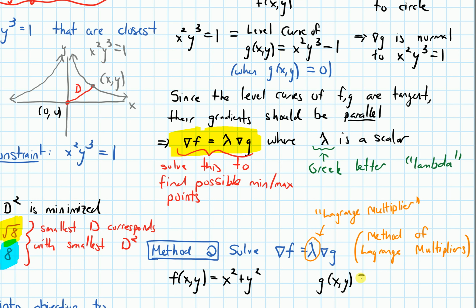So g of x comma y equals x squared y cubed minus 1. Technically, we don't have to set our constraint equal to 0 necessarily. It could be equal to a different number, as long as it's a constant. But typically the convention with Lagrange multipliers is to rearrange it so the constraint is equal to 0 on one side. So I'm going to follow that convention.